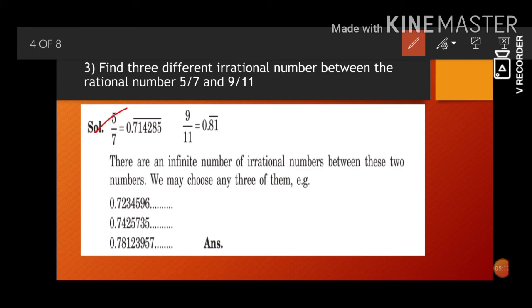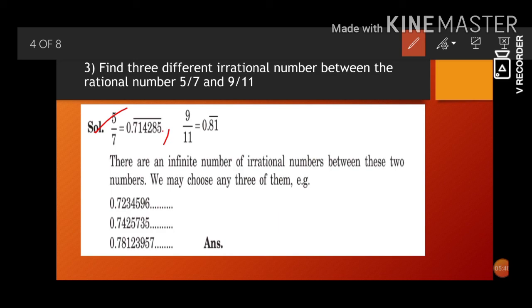So we have to see whether the same set of numbers is repeating. And 9 by 11 can be written as 0.818181, so 0.81 bar. We know irrational numbers are non-terminating and non-recurring numbers. That means the division does not end and the same set of numbers does not repeat itself.